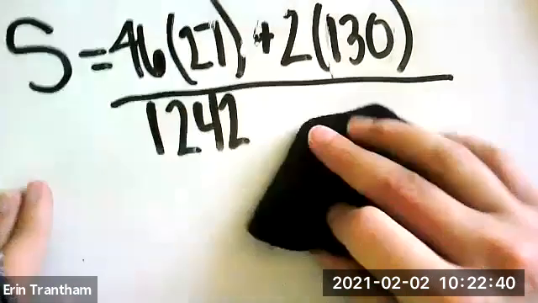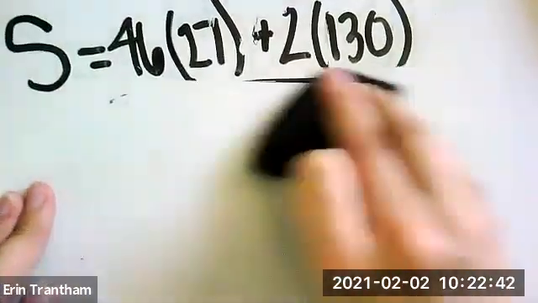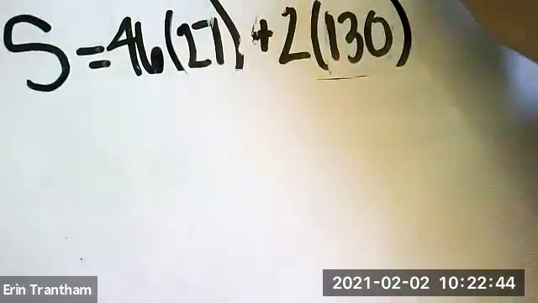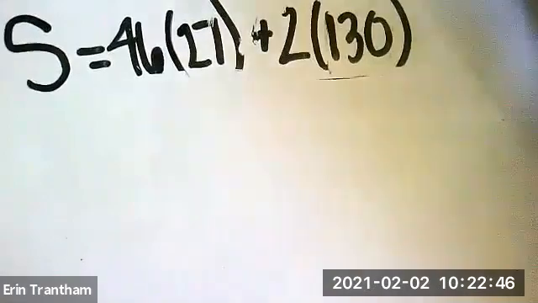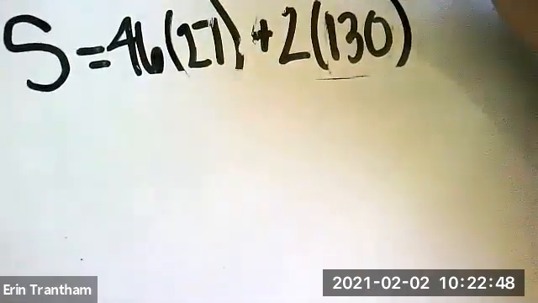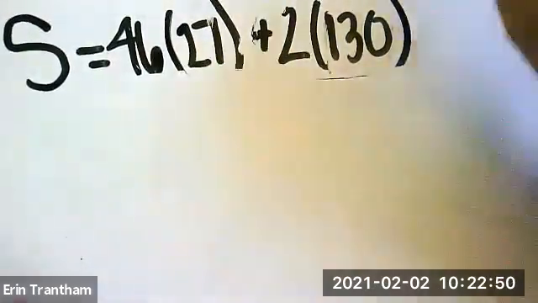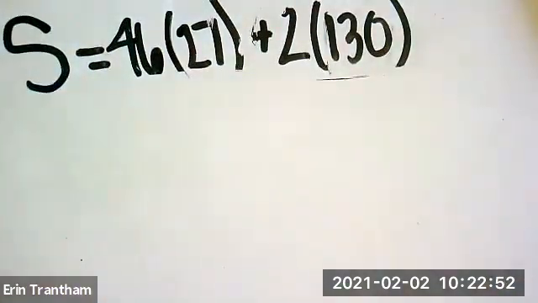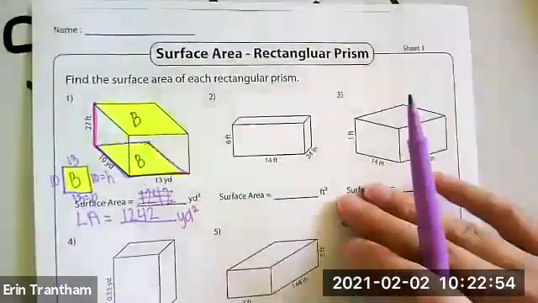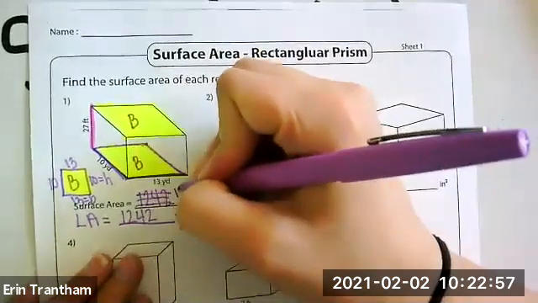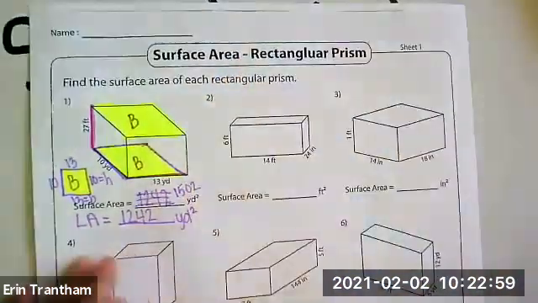Okay. 46 times 27 plus 2 times 130, 1,502, which is supposed to go right here, 1,502 yards squared.